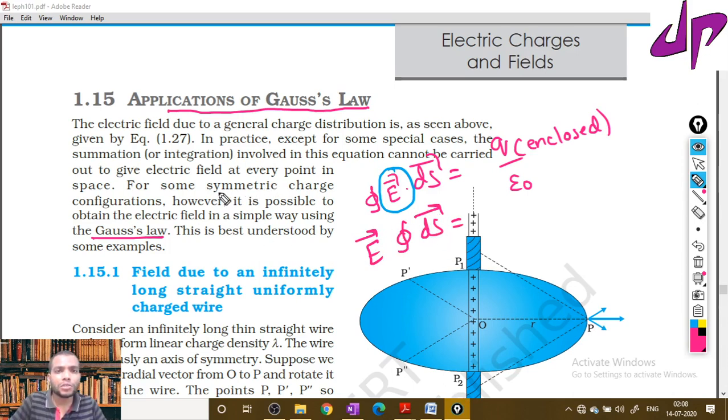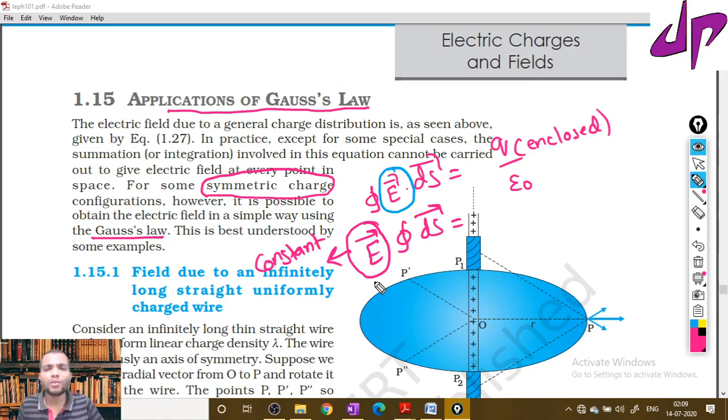If the charge distribution is symmetric, the main advantage in Gauss's law is that the electric field becomes constant. If the electric field becomes constant, we need not worry about doing the integration. It means our problem becomes half. We just need to do the integration over the Gaussian surface we have chosen, and the rest of the parts we can do.